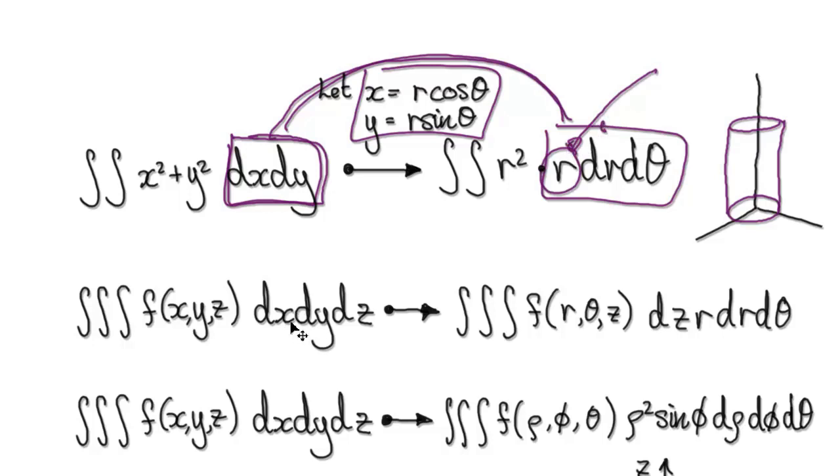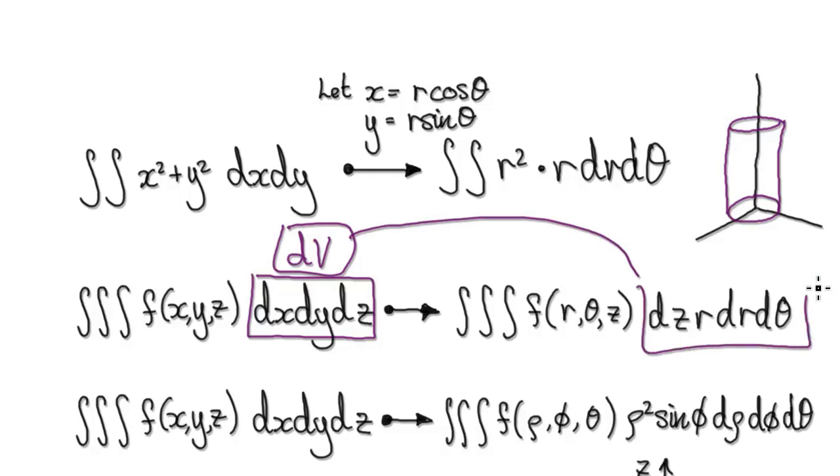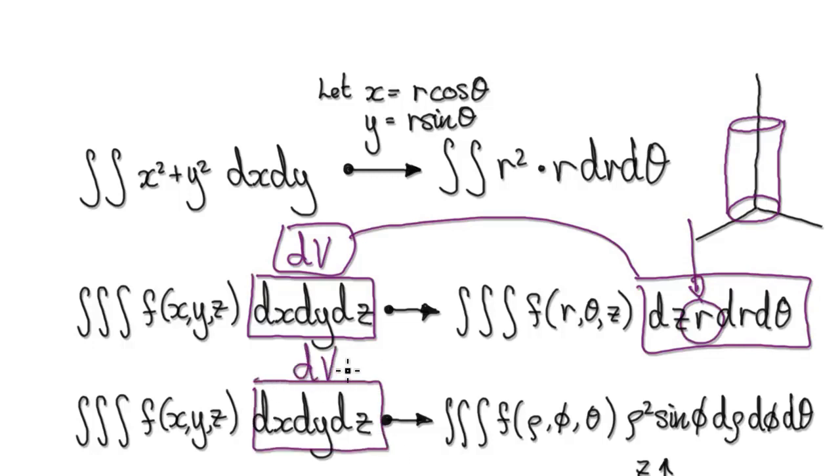So in cylindrical form, this is your dV, and dV becomes this thing here. Still, you've got this weird r in here, and then in spherical form, this dV, the change in the volume, becomes this weird complicated thing.